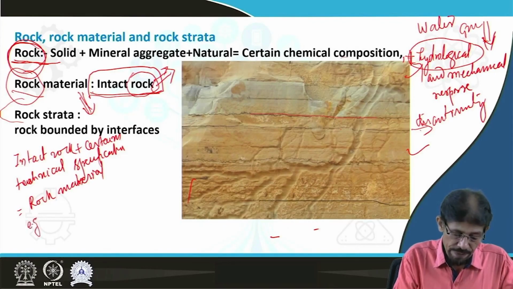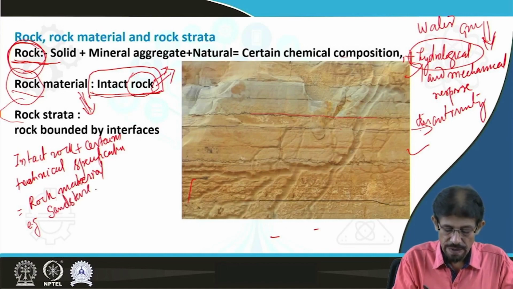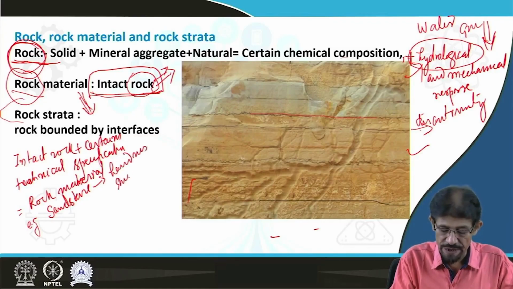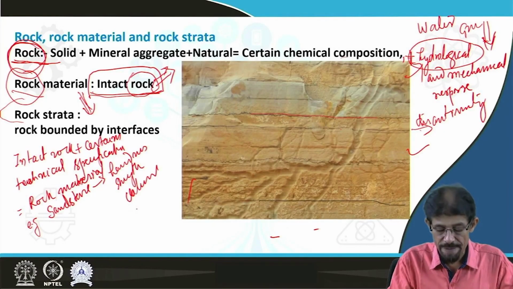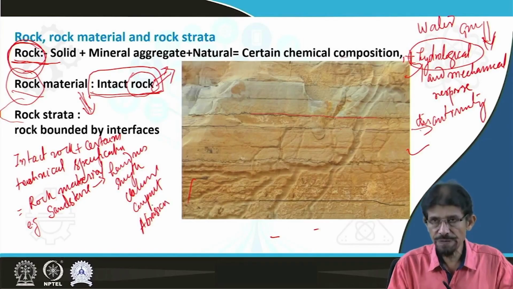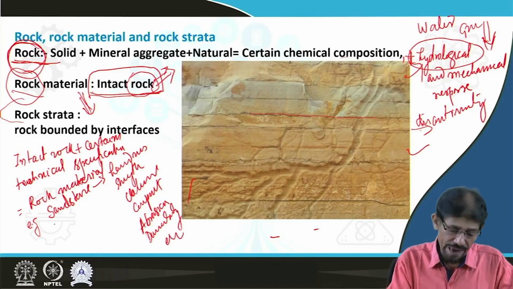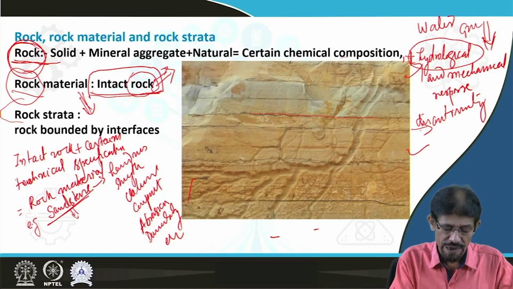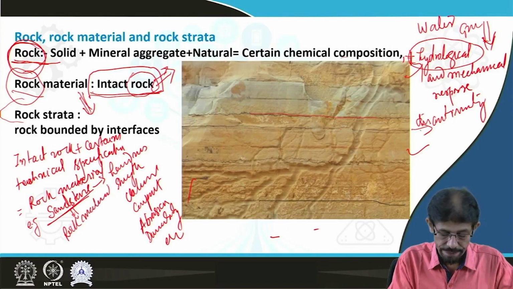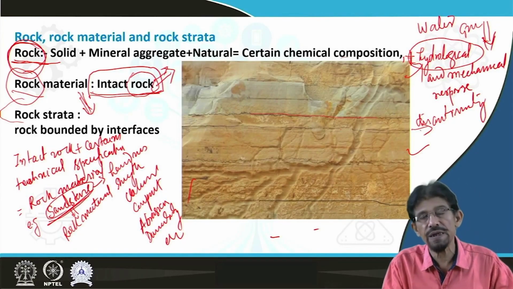For example, a particular rock, suppose a piece of sandstone, having a certain hardness, strength, appearance, color, compactness, abrasion, durability, etc. Then we can say that this sandstone is actually rock material. Otherwise, it is simply sandstone rock.